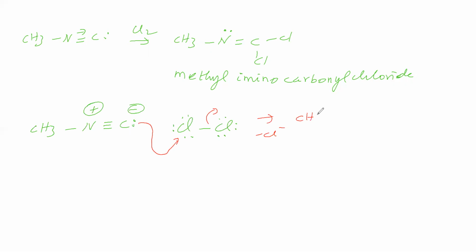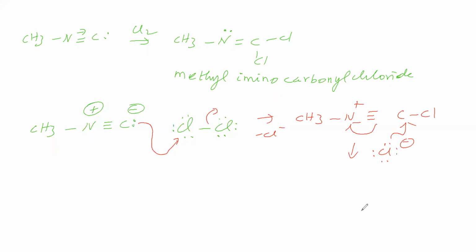So we are getting CH3N plus triple bond CCl. Next, this Cl minus is having 4 lone pairs. Cl minus comes again and attacks this. The bond is shifting like this. So we are getting methyl iminocarbonyl chloride. So isocyanide with Cl2 gives this compound.